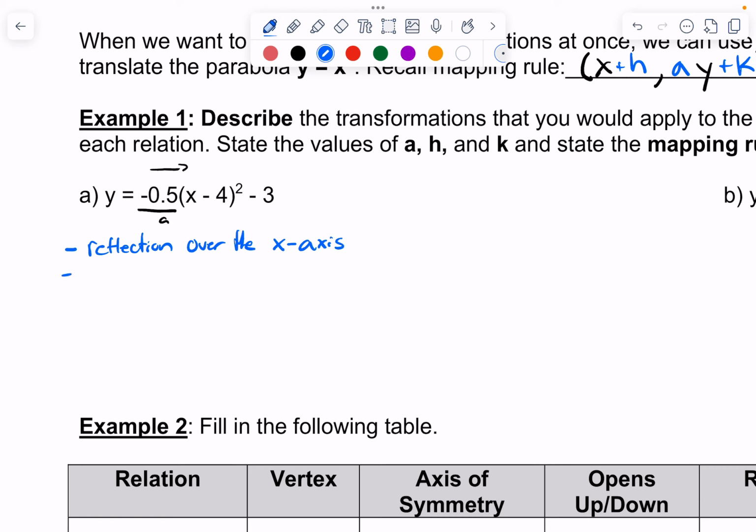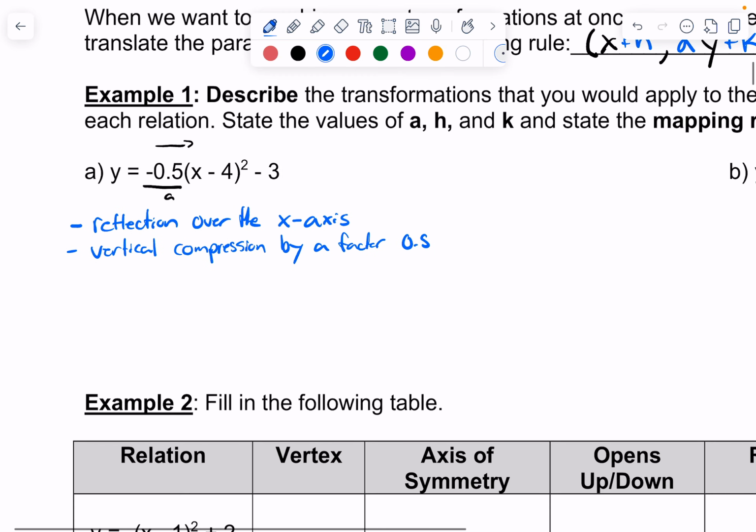So there is going to be a vertical compression by a factor. Sorry, I almost forgot the word factor. By a factor of 0.5 because it's being multiplied. So you say factor. And then you can see that you have this h value here. So talk about that. That means there is a horizontal shift, being the x-axis, right.